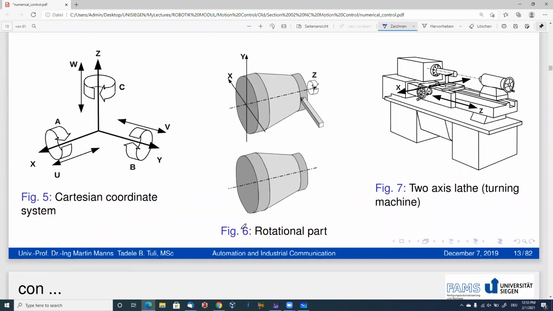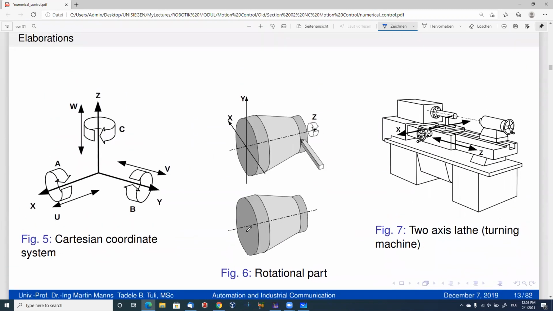For example, here you see in the Cartesian coordinate, if this is a lathe machine which rotates, and the rotation is the rotation here, the rotation of the workpiece will allow the material removal.